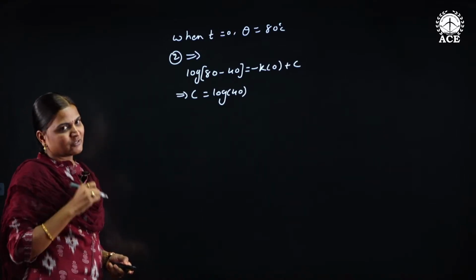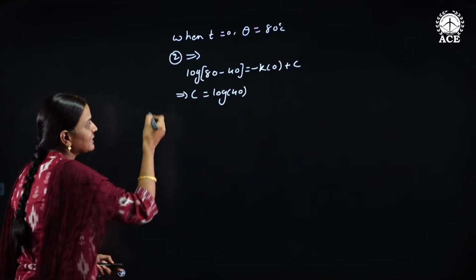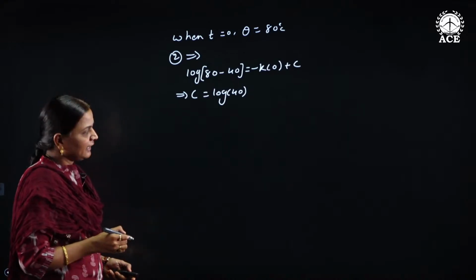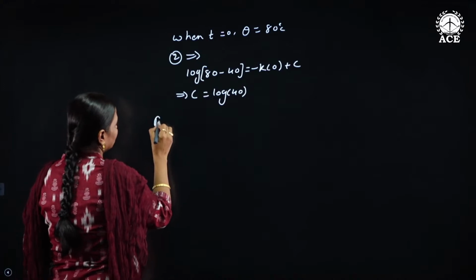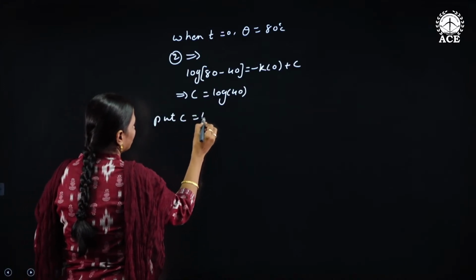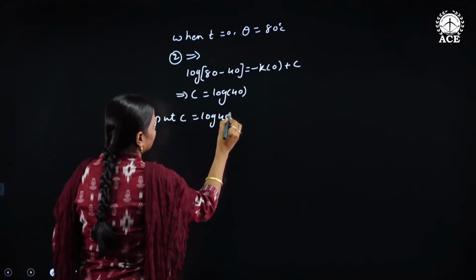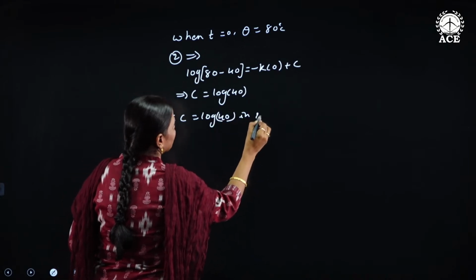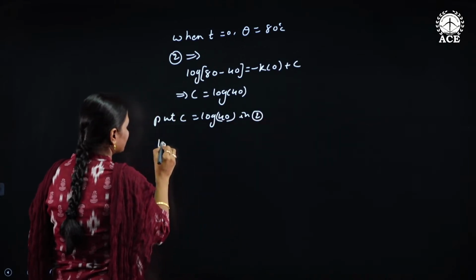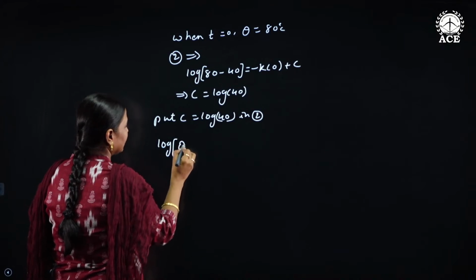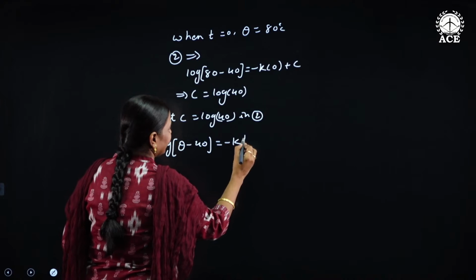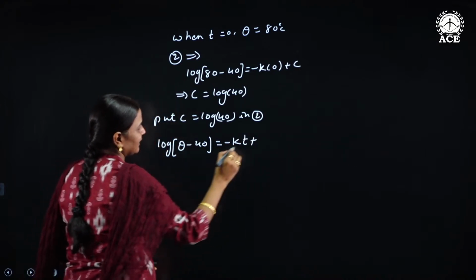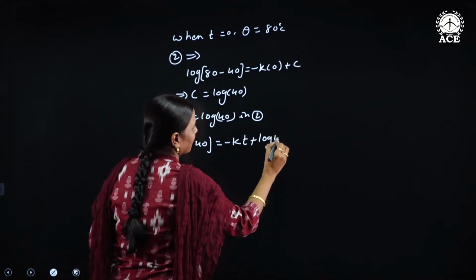Here apply the successive substitution procedure. Immediately substitute c is equal to log 40 in equation 2. So equation 2 is log of theta minus 40 is equal to minus kt plus c, where c is equal to log 40.